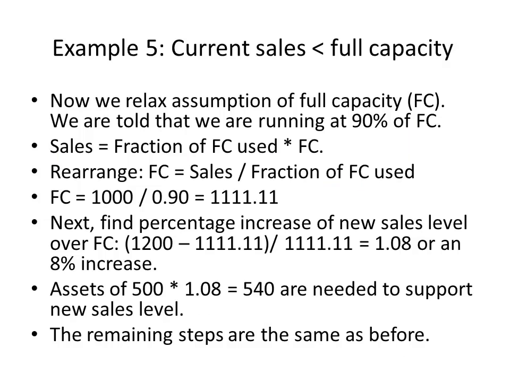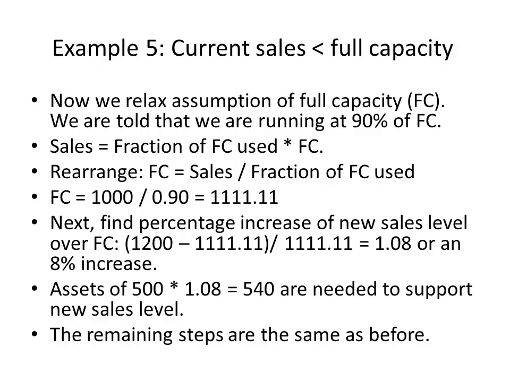So far in each of these examples, we have assumed that we are currently running at full capacity. But what if we are not running at full capacity? For example 5, we are going to assume that our current level of sales represents only 90% of full capacity. There's a little equation here to help you out. Sales is equal to fraction of full capacity used multiplied by full capacity.